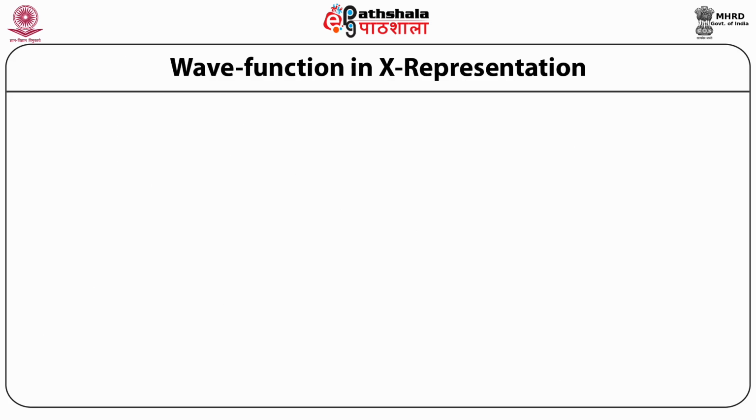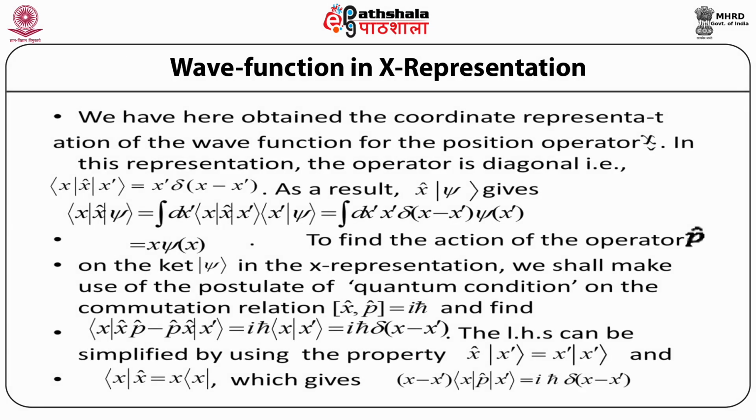Wave function in x representation. Here we have obtained the coordinate representation of the wave function for the position operator x. In this representation, the operator is diagonal, that is, bra vector x operator x ket vector x prime is equal to x prime delta x minus x prime.